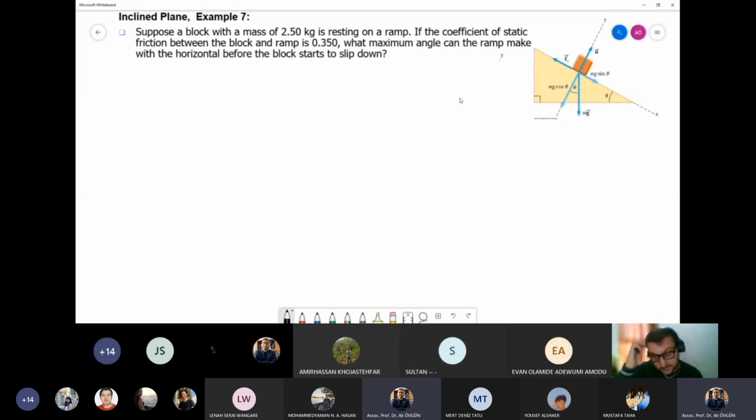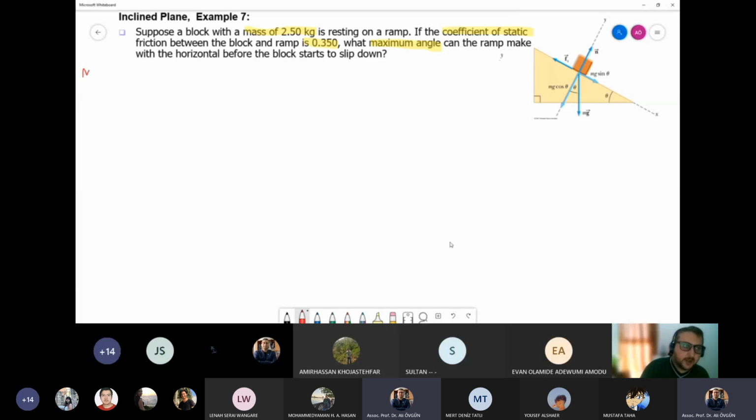So how can you solve this problem? To solve this example, first of all, you must write what they give you. They give you the mass of the object, the coefficient of static friction, and they ask you for the maximum angle.